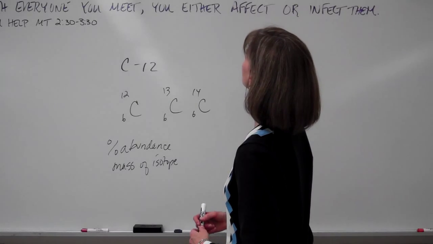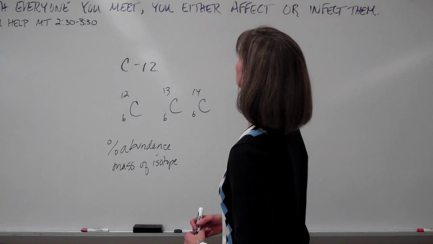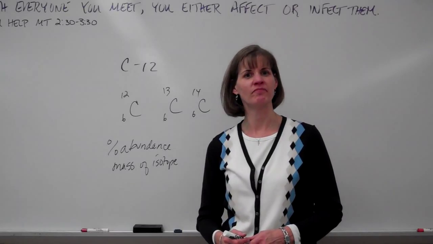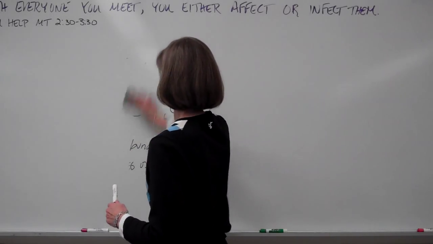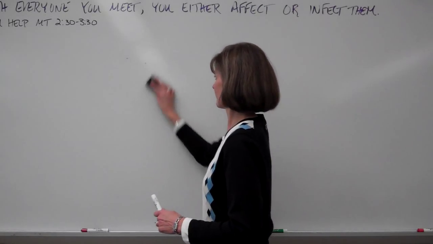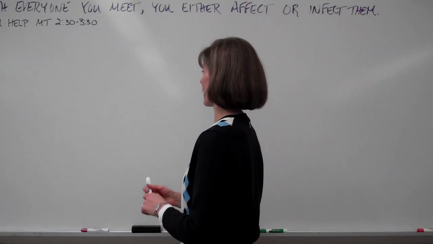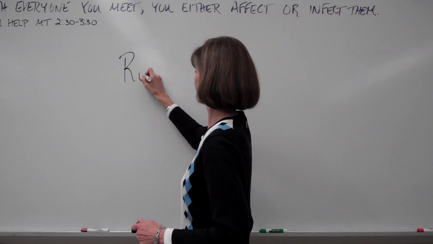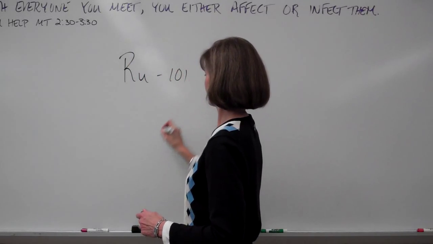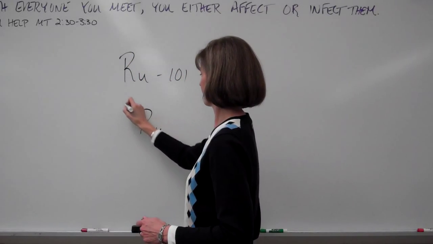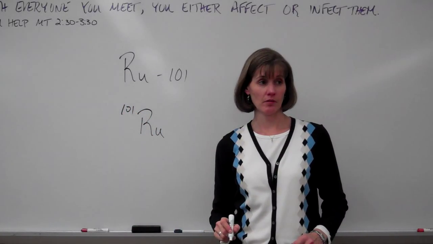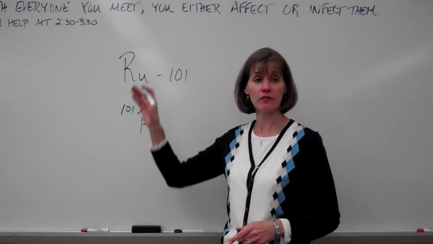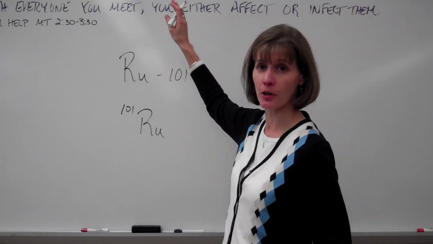Ruthenium 101 has how many neutrons? 44. How many neutrons? You're saying 44. 44 is a number up here on the periodic table.